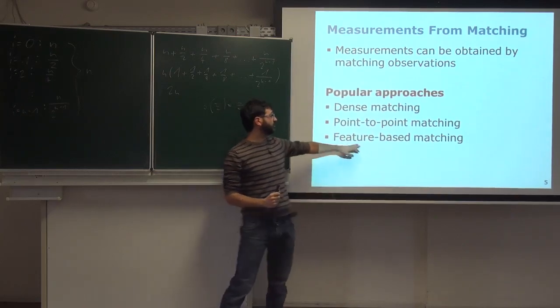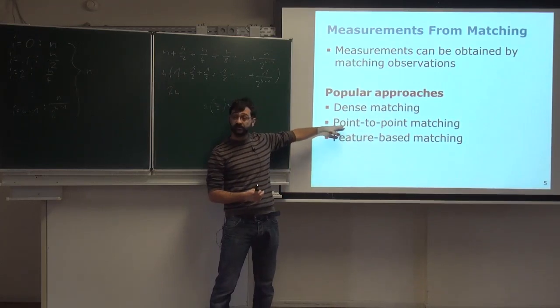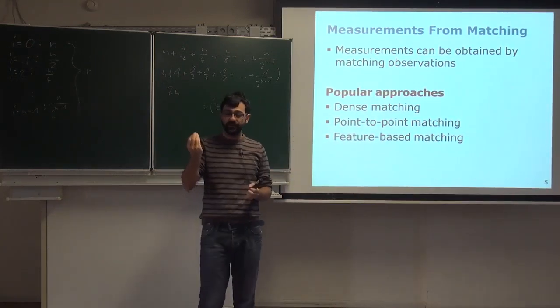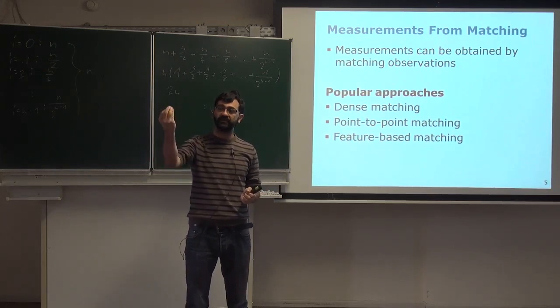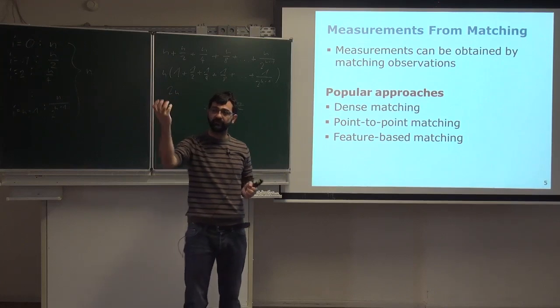And the third one is what's called feature-based matching, where a feature is a point with a descriptor associated. When we talk about point to point, we just consider the geometric property, which can be xy or xyz, or maybe it's an oriented point, so we have xyz and the triangles, or whatever information we have.